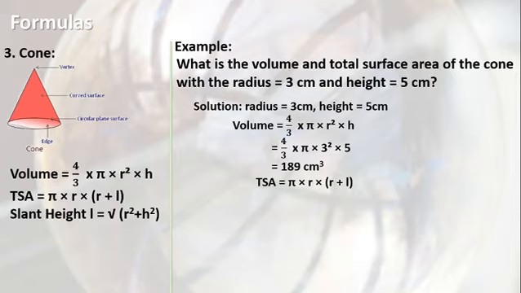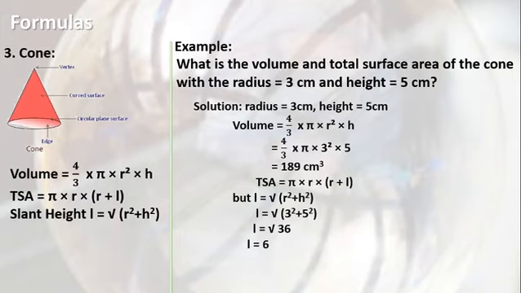Okay, so we have to use this formula that says L equals to square root of r squared plus h squared. R is 3, and then h is 5, so we insert that, and the final answer for our slant height is 6.